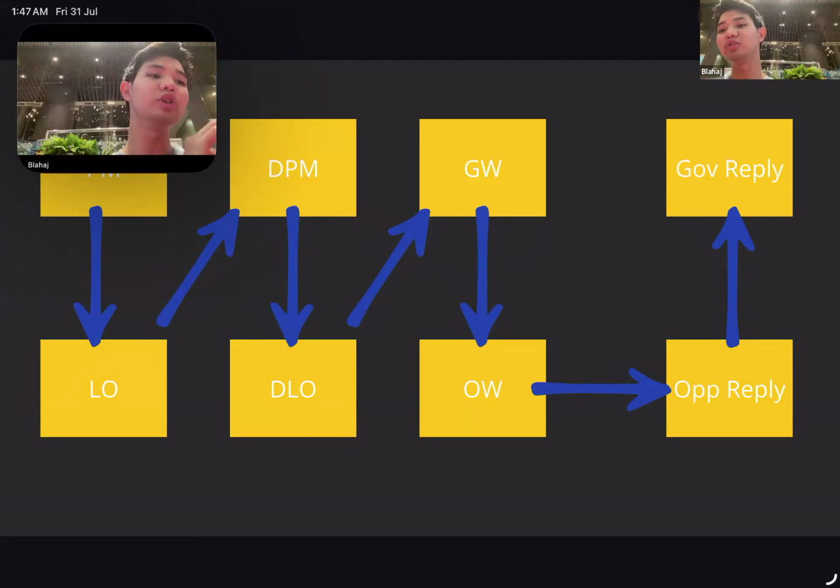By the time it reaches the reply speeches, it starts with opposition reply, and the debate ends with government reply. As a recap, prime minister goes first, LO second, then it goes back to DPM, then DLO, government whip, opposition whip, opposition reply, and lastly, government reply to wrap up the debate as a whole.